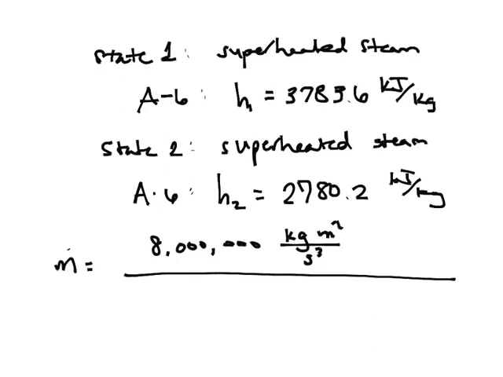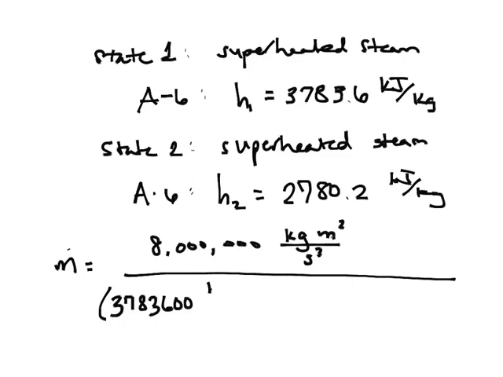In the denominator, you can do these in any units that make sense to you, but just be very careful to be consistent. I'm going to write my specific enthalpies in terms of joules per kilogram.